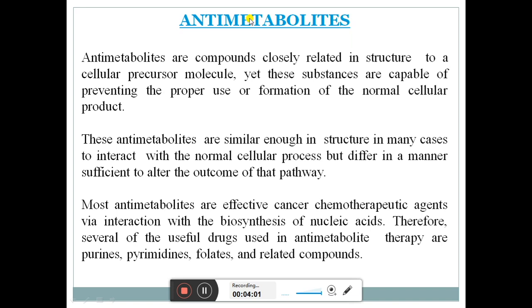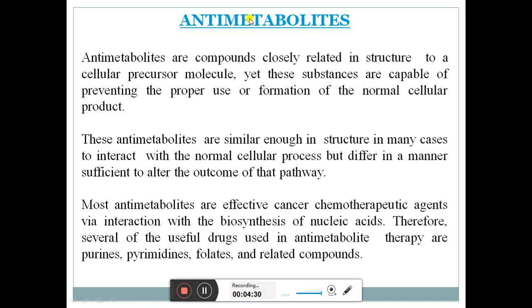Because of this, the pathway will not be completed in a normal way. There is some disruption in the particular pathway, and because of that, cell death will be observed.